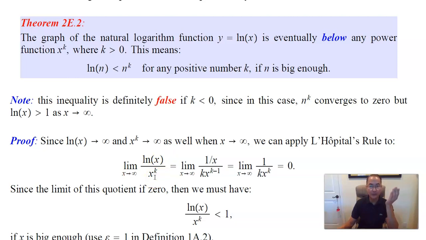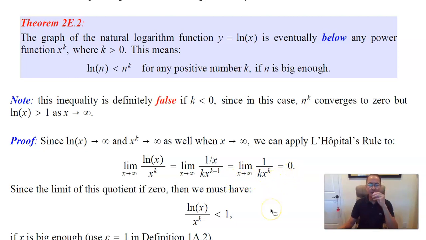So by L'Hopital's rule, which we can apply, it's infinity over infinity, we take the derivative of ln of x, which is 1 over x, divided by the derivative of x to the k, power rule, k times x to the k minus 1. That x can go down to the denominator, canceling with that minus 1. So you get 1 over k x to the k, and of course, as x goes to infinity, that limit is equal to 0.